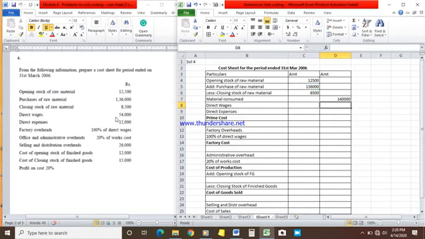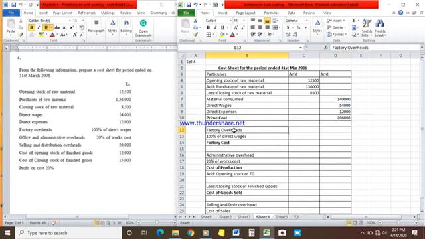The next item is direct wages, 54,000. Then direct expenses, 12,000. By adding all these three items, we get the prime cost.